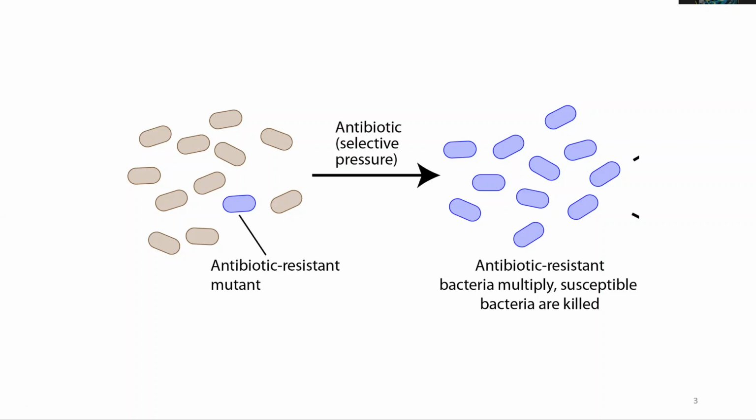Once you expose them to this kind of antibiotic, those which are susceptible will die off. However, among this population of bacteria, there are antibiotic resistant mutants. Once they are exposed to this kind of antibiotic, this mutant strain will be selected to replicate further, thus leading to the emergence of AMR.